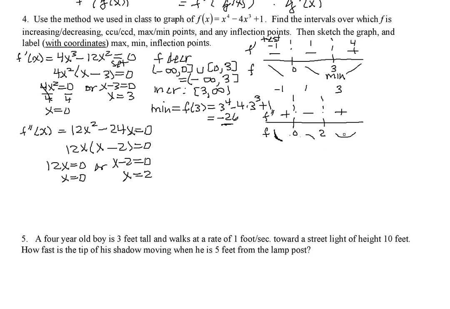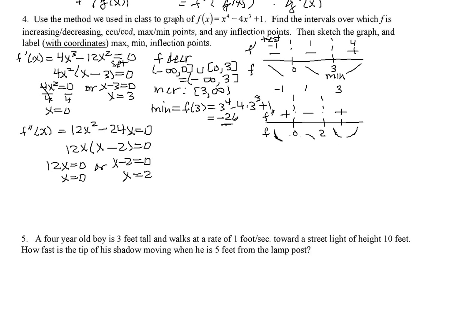Here we're concave up to 3. We are decreasing and concave up. So that's the left half of this guy. So this is decreasing concave up. And then after 3, we're increasing concave up, and that looks like this.